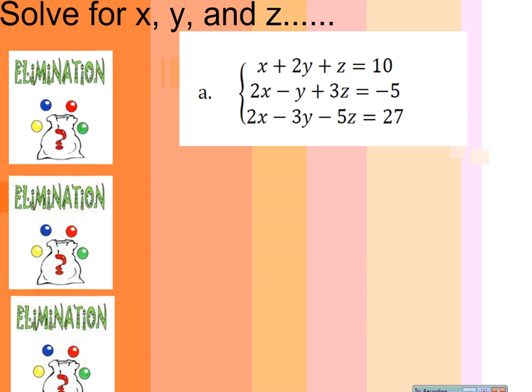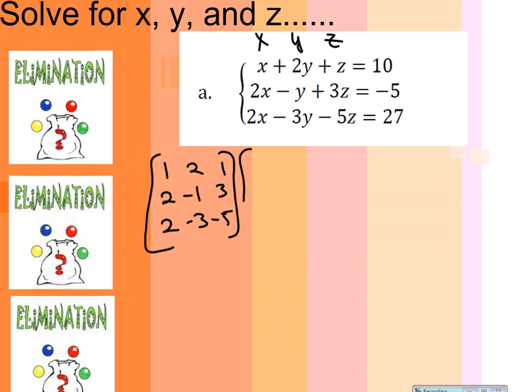All right. So I've got x above itself, y above itself, z above itself. So my coefficients then are going to be 1, 2, 1, 2, negative 1, 3, 2, negative 3, negative 5. It'll be x, y, z. And that's going to be equal to 10, negative 5, 27.